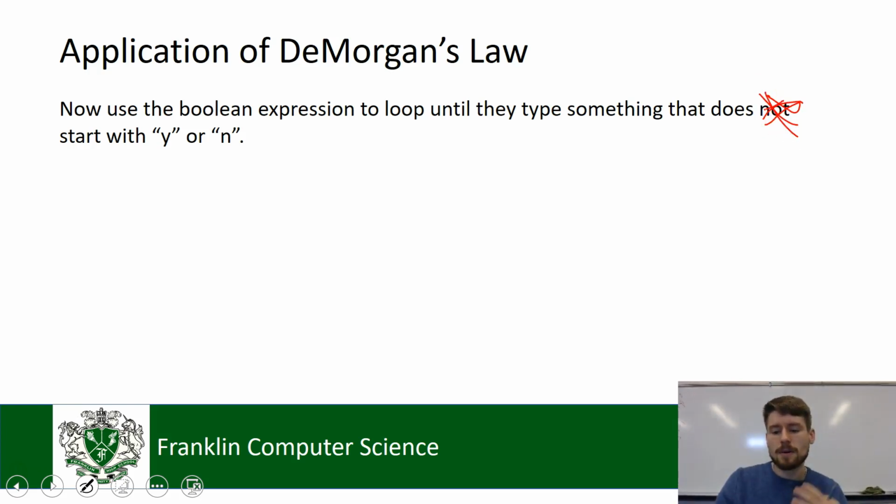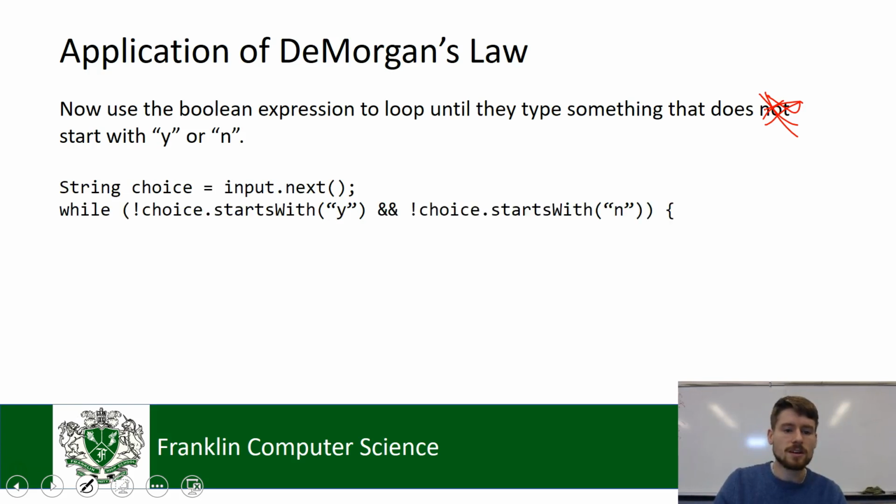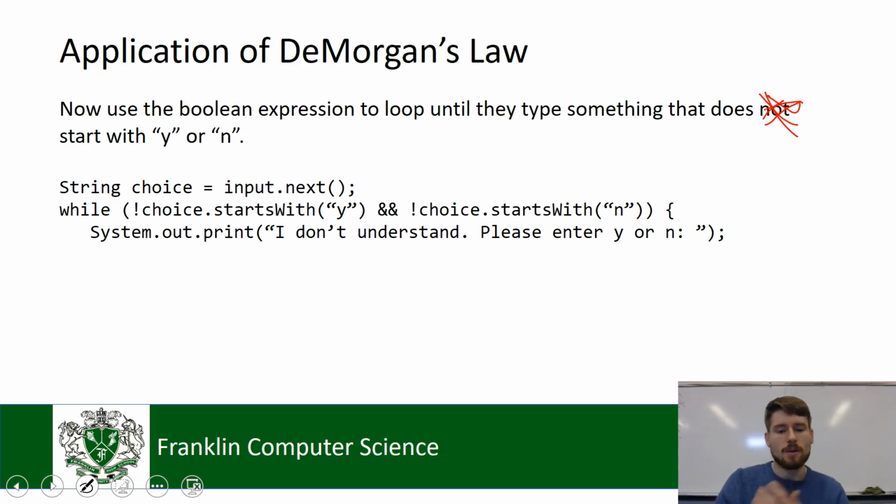We want them to type, and it needs to start with a y or n, so we'll validate their input so that it does after this. So here's the choice. While it doesn't start with y and it doesn't start with n, we say, I don't understand or whatever, please enter y or n. We update choice to the next string from the user, and that's literally it.